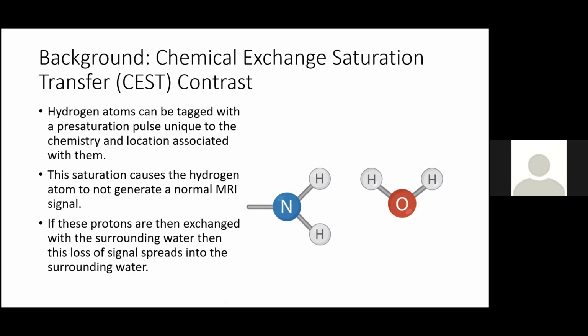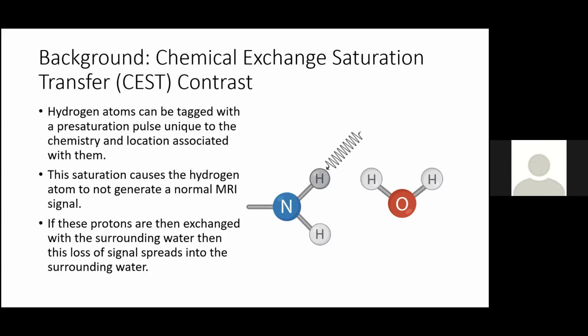And in specific with an MRI, this project deals with what is called CEST contrast, or chemical exchange saturation transfer. So normally in MRI, we are able to selectively get signal from different hydrogen atoms depending on what those hydrogen atoms are bonded to. So we would stimulate, say, the hydrogen atoms on water, and then the hydrogen atoms from water would produce a signal.